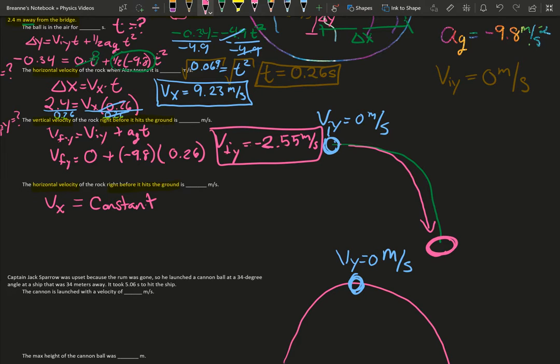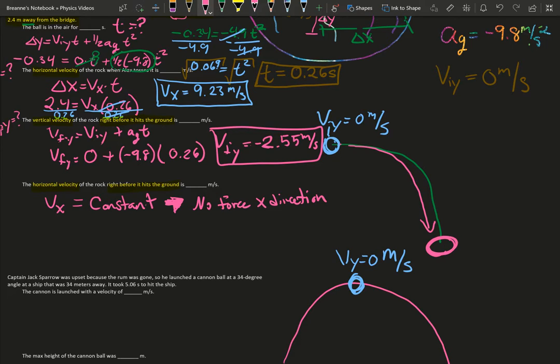The reason it is constant is because there's no force in the x direction. So there's nothing that's making it go in the x direction. As soon as it leaves your hand, there's nothing else touching it, so there's no force.